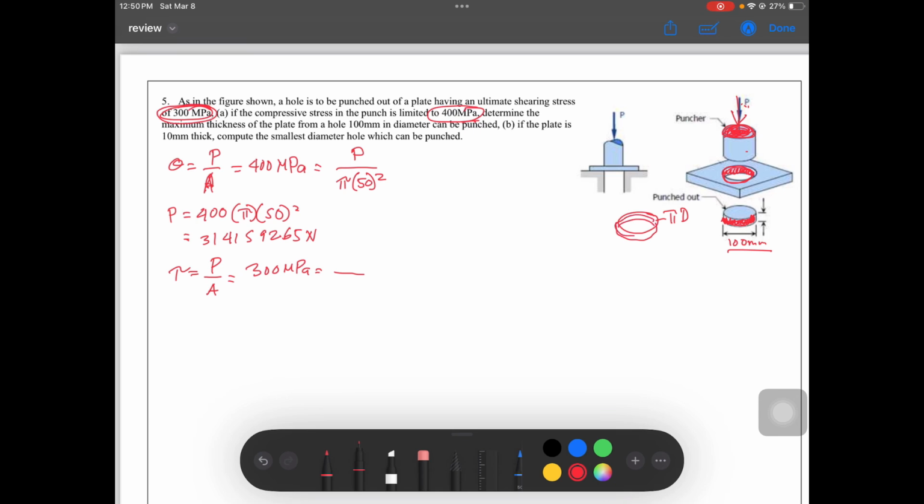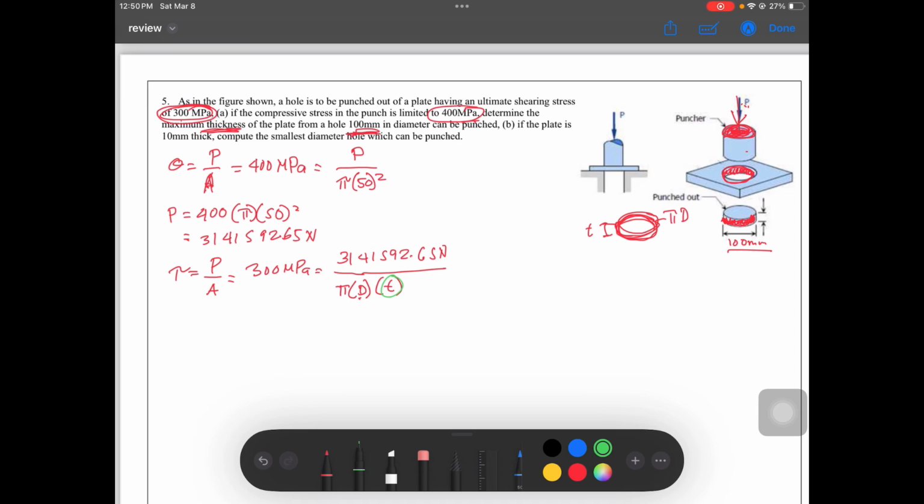So, ito yan. Itong buong circle na to na may thickness which actually is missing sa problem. Pinapahanap niya yung thickness for a 100 mm diameter. So, the same pa rin, our P will be 3,141,592.65 Newton all over. What is our area? It is the circumference na pi d times yung thickness. D is given, it is 100 mm.